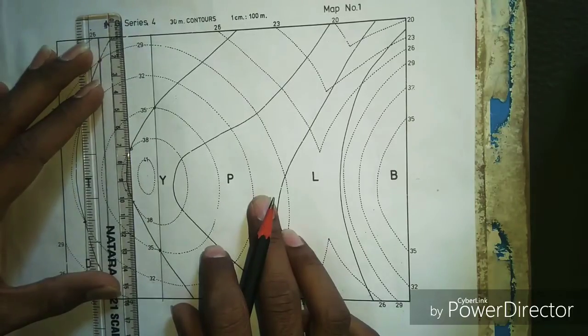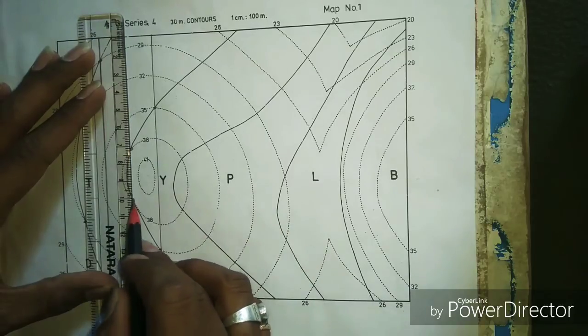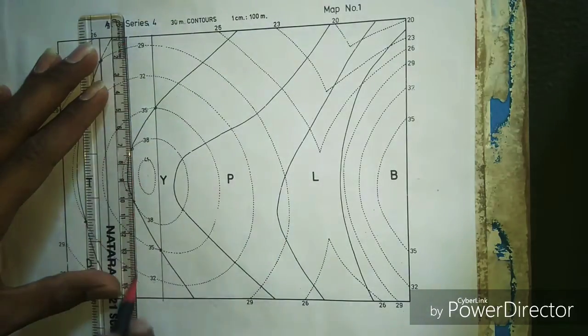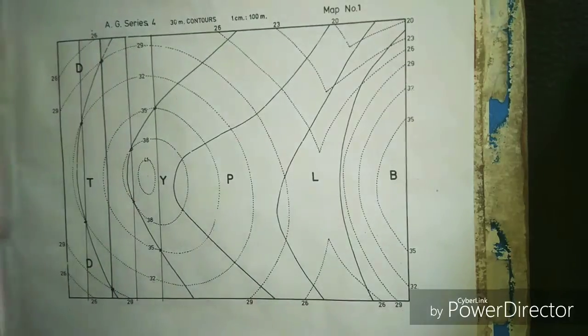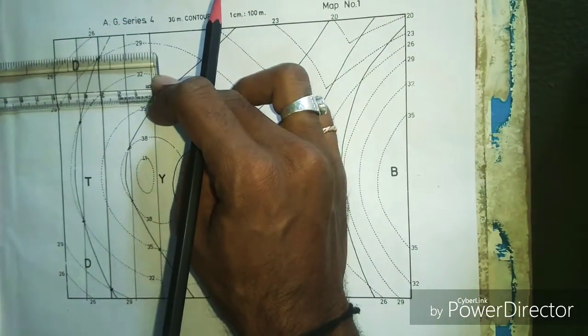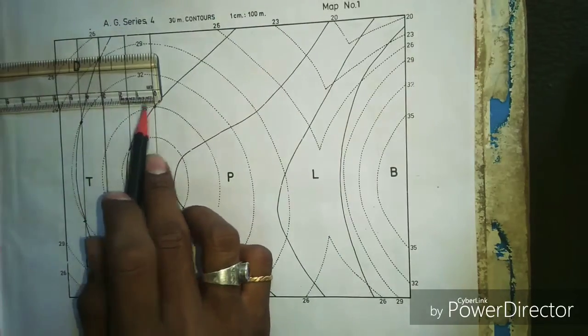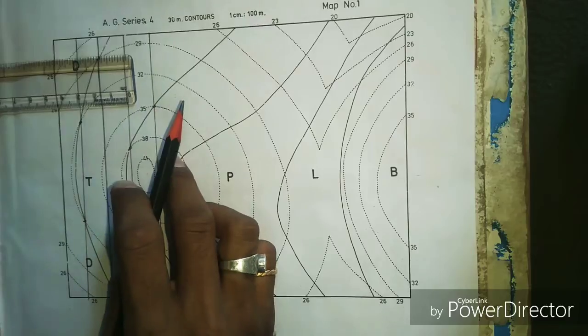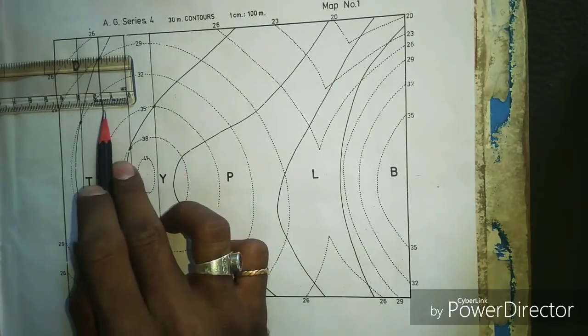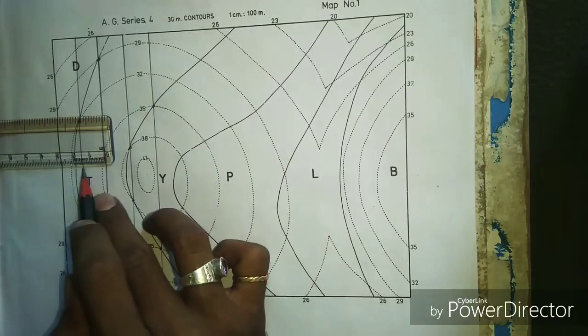Then this line also. If you measure the distance between two successive strike lines, you will get a distance of 1.5. Another one is 1.5, the same, and another one you can see is 1.5, the same.